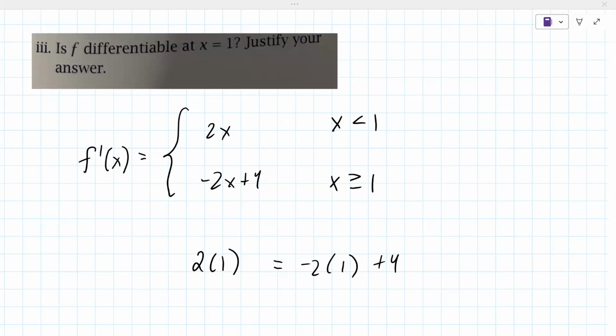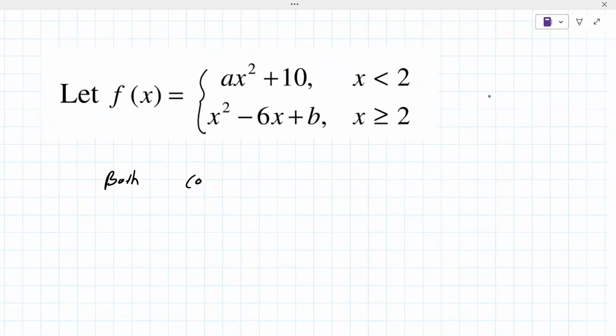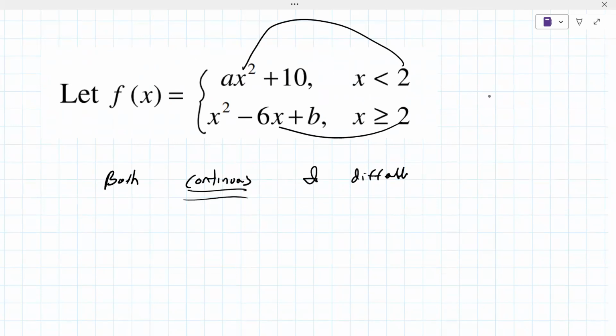All right, so here is one of those problems you asked for. The thing that's often lost in these is that it has to be both continuous and differentiable. Continuous is where you put the number in for x in the original.